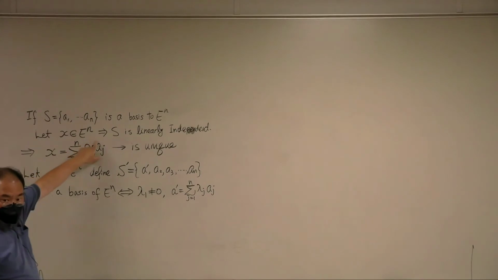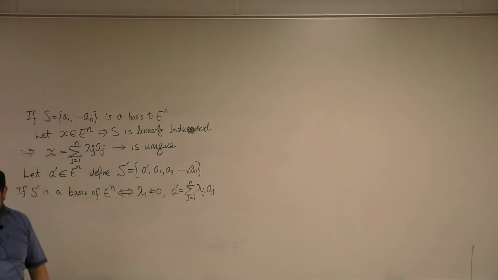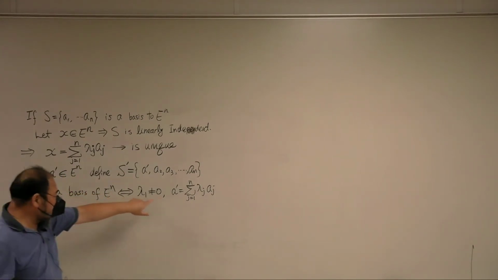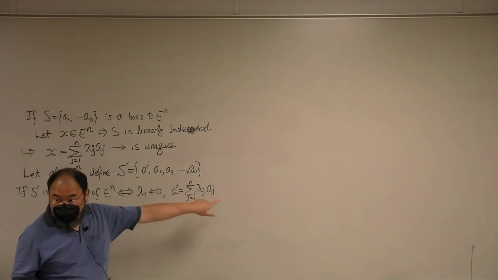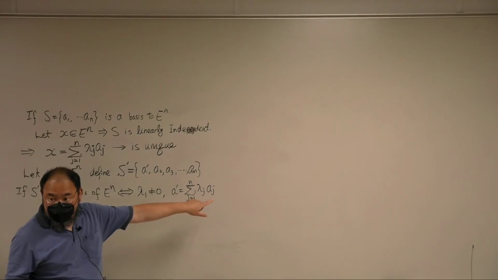Anything in the n-dimensional Euclidean space can be represented as a linear combination of A1 to AN. If A prime belongs to En, then it can also be represented by the linear combination of A1 to AN, correct?